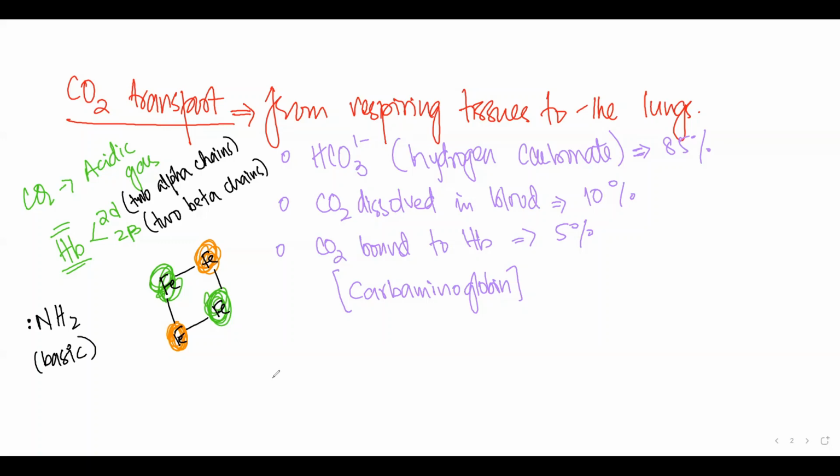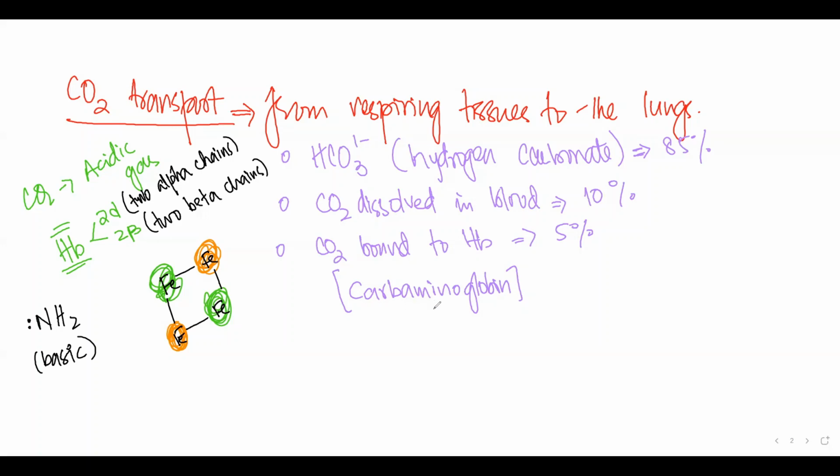And protein is made by dash, amino acids. And I wrote amino; NH2 is called amino. So the amino part is dash, acid or base? Base. And CO2 is an acidic gas. So CO2 binds to the amino part of hemoglobin. And this is called carbaminohemoglobin. What is it called? Carbaminohemoglobin.